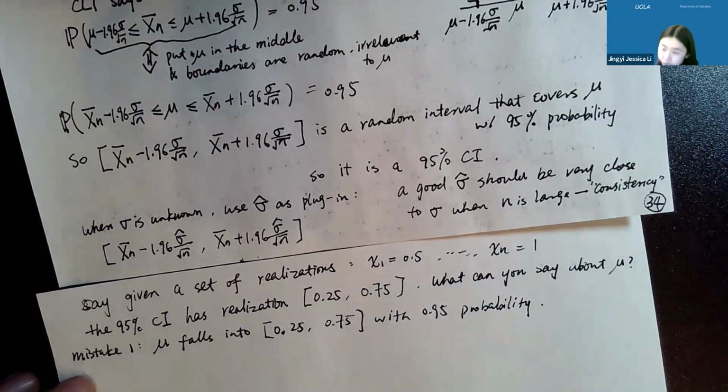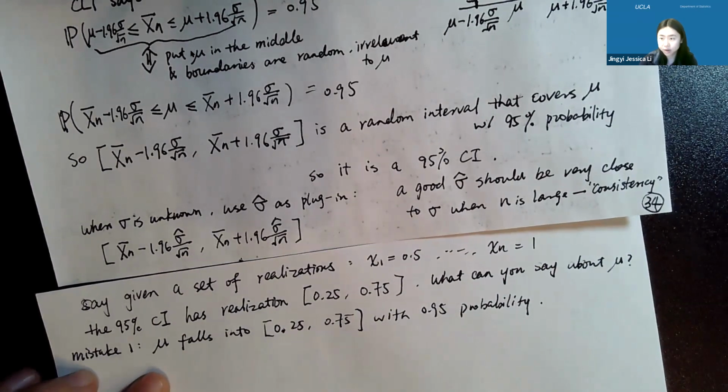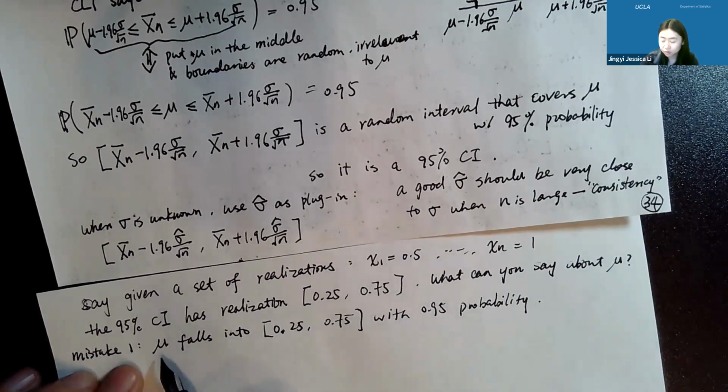This is the first wrong statement many people use, and it is wrong because when we say probability, we must pin down what the random variable is. Clearly, this interval is not random anymore because it's just two numbers. You're not treating it as random. So mu becomes the only possible random variable.